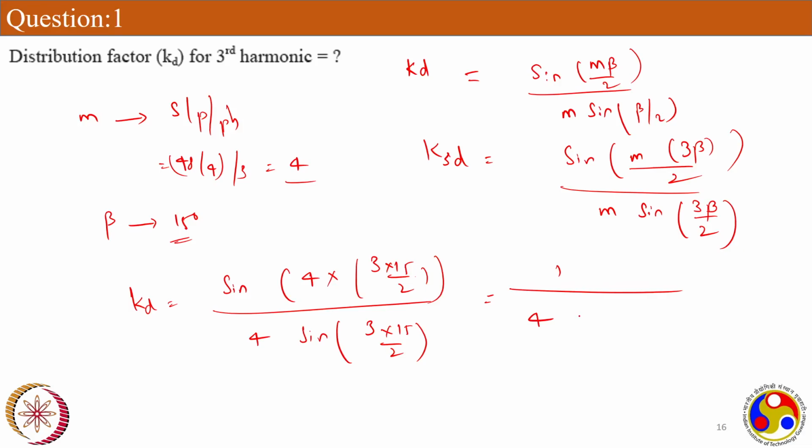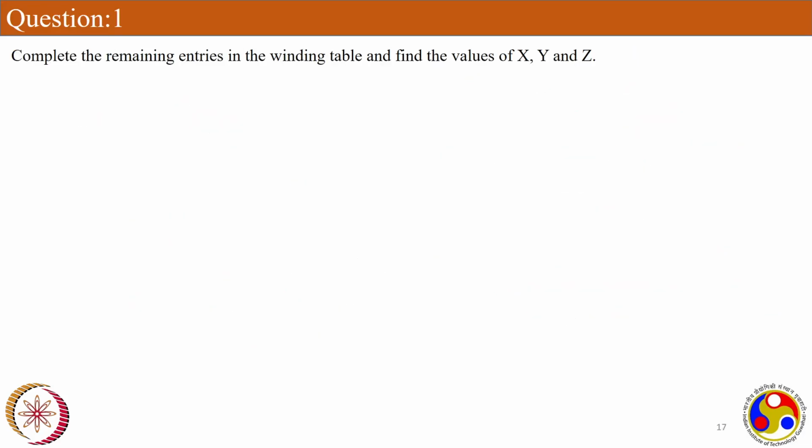So it's sine 22.5, around 0.383. So 1 by 4 into 0.383, it should come around 0.653. This is a simple substitution of the formula we derived last week. You can refer to last week's discussion for the derivation.